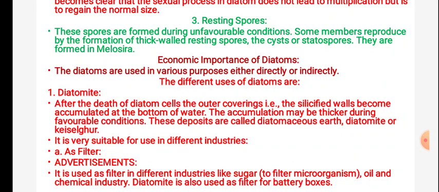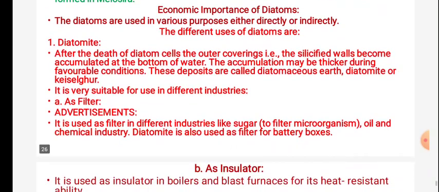Then in economic importance, we know diatomite. Here the accumulation of thick cell walls forms deposits called diatomaceous earth.